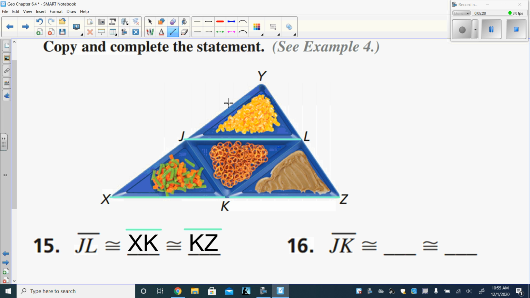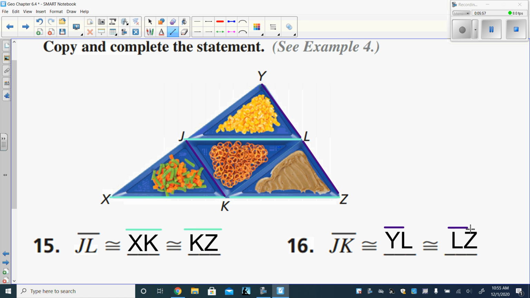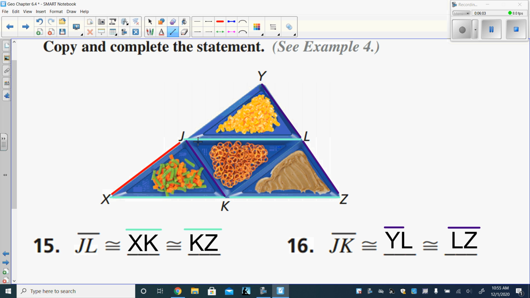With this purple, JK, YL, and LZ are all going to be congruent because of our properties of mid-segments. And I'll fill the ones we did first back in here. So we said that these here were congruent as well. And that's it.